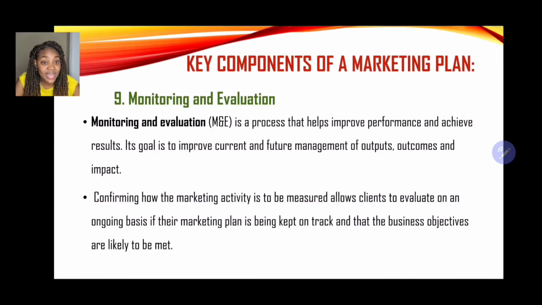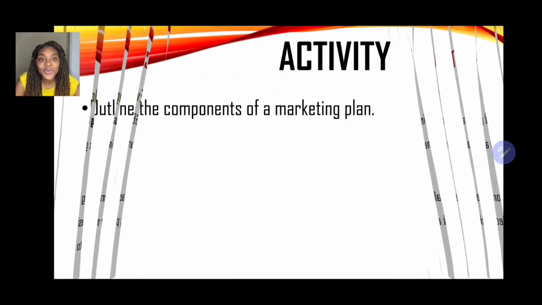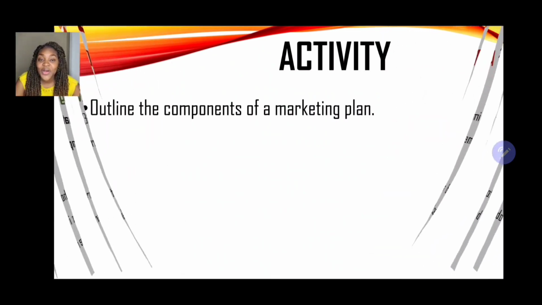Confirming how the marketing activity is to be measured allows clients to evaluate on an ongoing basis if their marketing plan is being kept on track and that the business objectives are likely to be met. And all of these considerations we have to take when we're monitoring and evaluating the marketing plan, which is the implementation process of things.